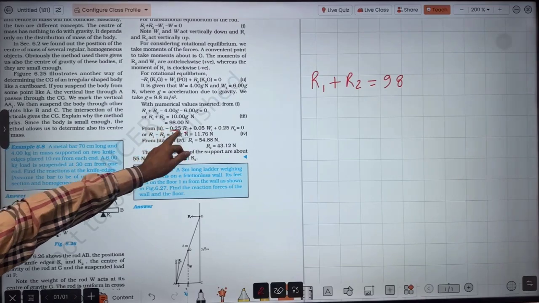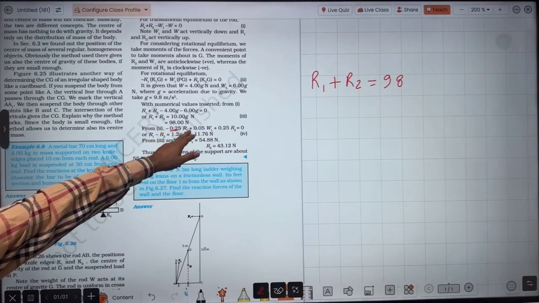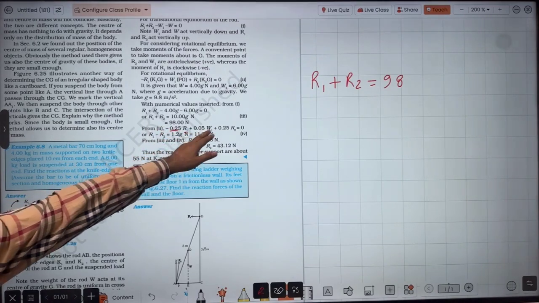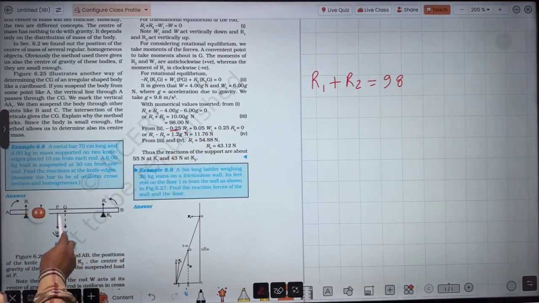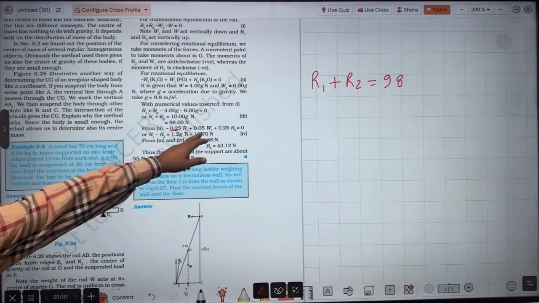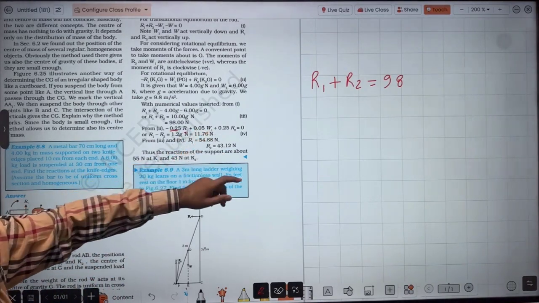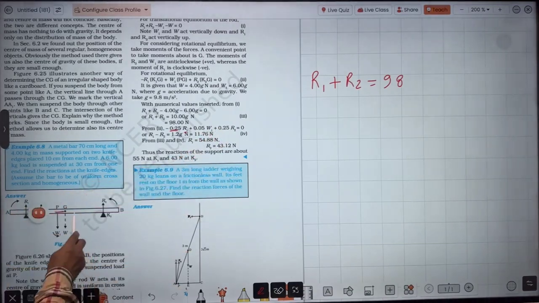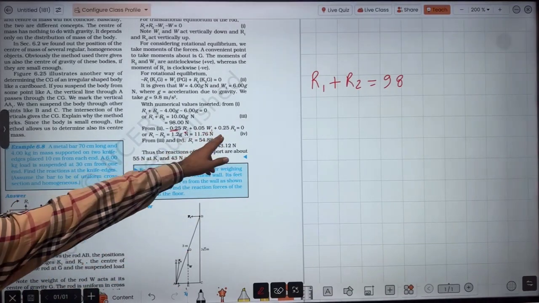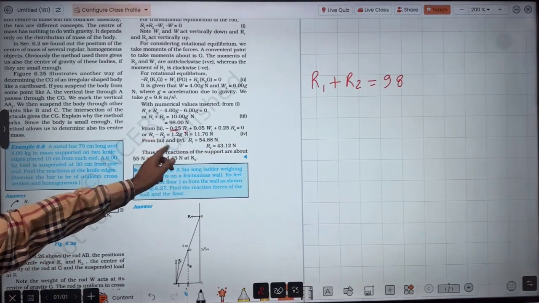K1G is 25 centimeters, so minus 0.25 R1, and then the distance of weight W1 is just 5 centimeter, so it is 0.05 W1, and the distance of R2 from here is 25 centimeter, so 0.25 R2 equal to 0.